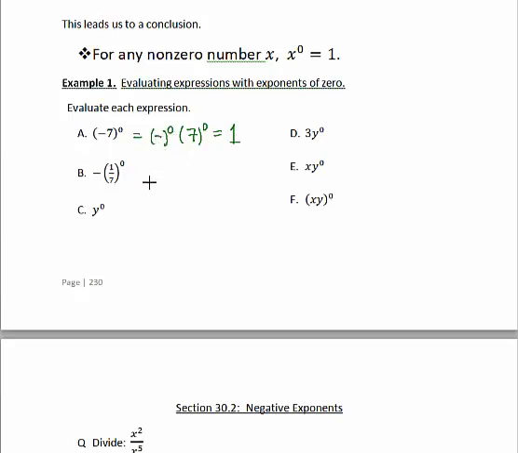A negative to the 0 power is the same as negative 1 to the 0 power, which is 1. 7 to the 0 is 1, and so we have 1 times 1, and we get 1. It's important to realize that the 0 applies to both the negative and the 7.